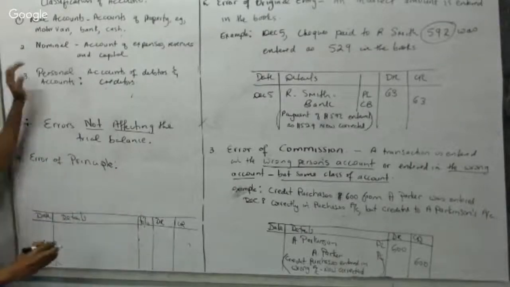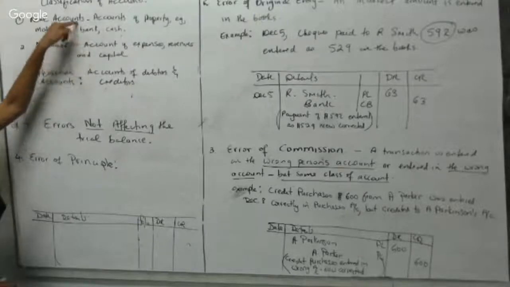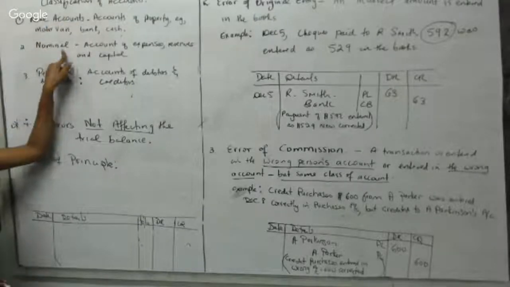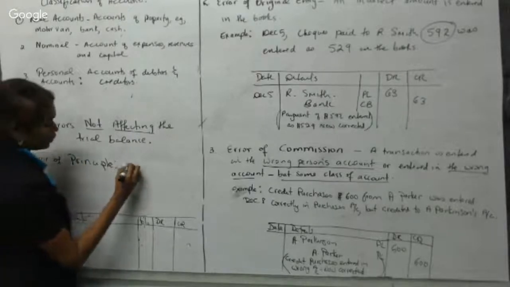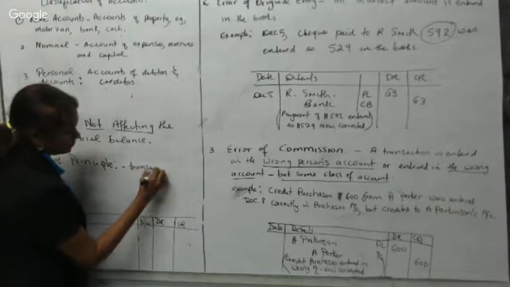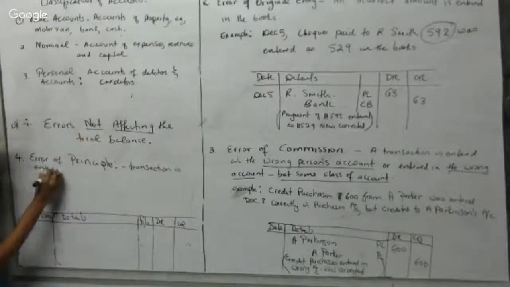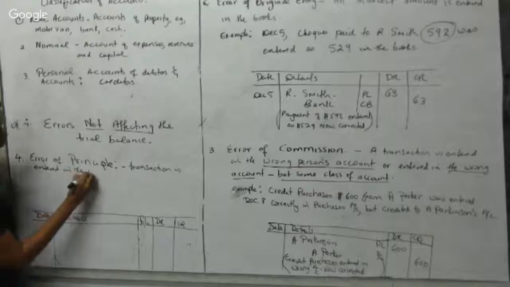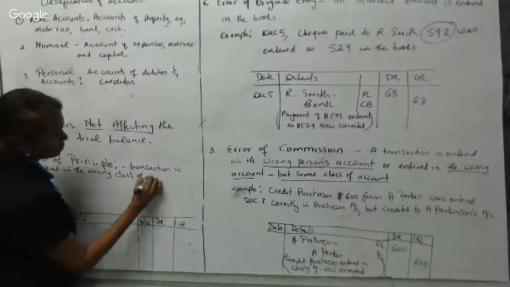Something that you're supposed to enter into a real account, you put into a nominal account, or a personal account. So the transaction is entered in the wrong class of account.